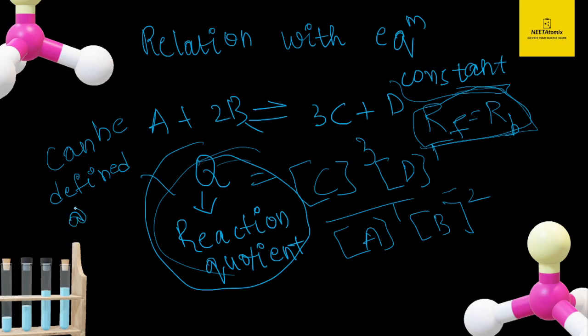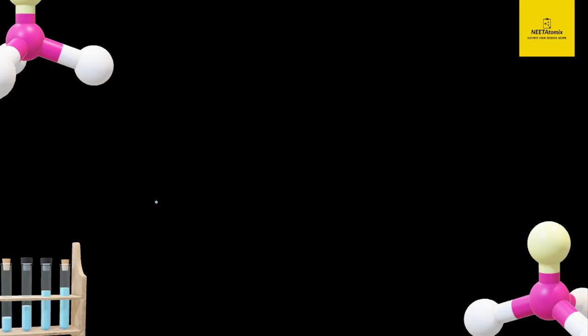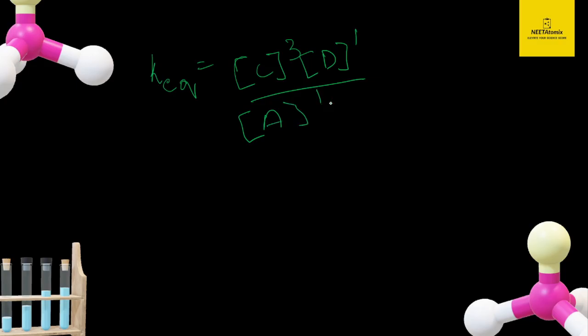It can be defined at any stage of the reaction. For the same equation, if you write equilibrium, K_eq is equal to molar concentration of C cube, D power 1 by A power 1, B power 2.